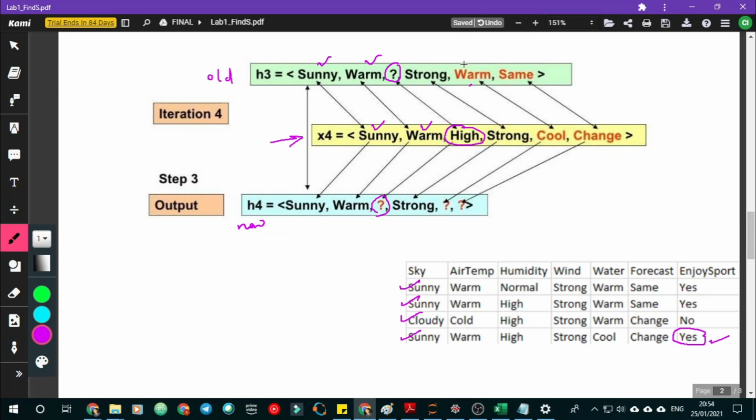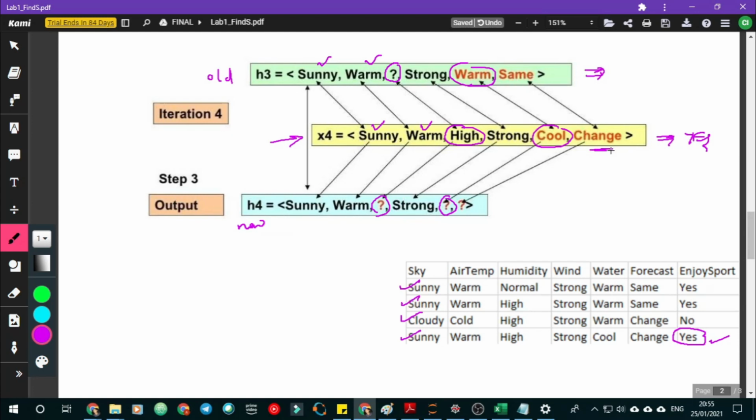Warm and cool, again here is the conflict, in the sense of a mismatch. This hypothesis is made only by reading positive data samples, and this is also positive, that is yes. Then I cannot keep warm or cool in this hypothesis, so I need to make it general. In this case also the outcome is S, and it's a general thing.